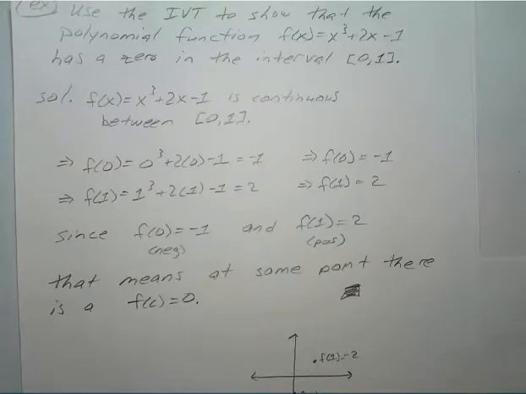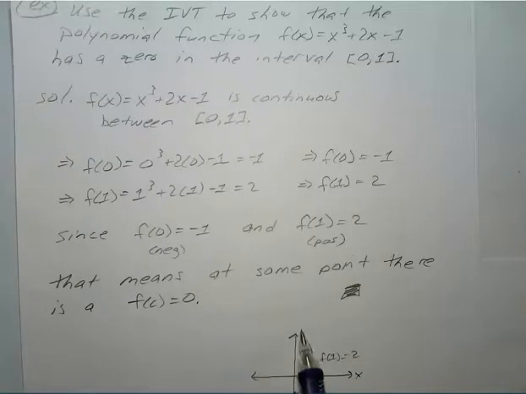If it's continuous, which we already know this is, at some point it's going to have to cross the x-axis. So you have your x-axis, which is f of c equals 0. We don't need to find that value, but we know that to go from here to here, at some point y has to equal 0, or f of x has to equal 0.